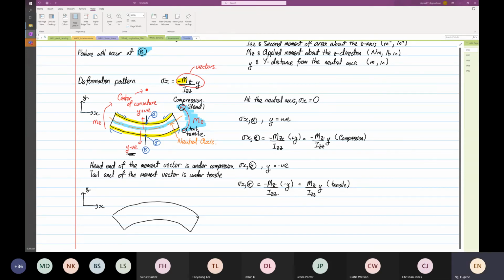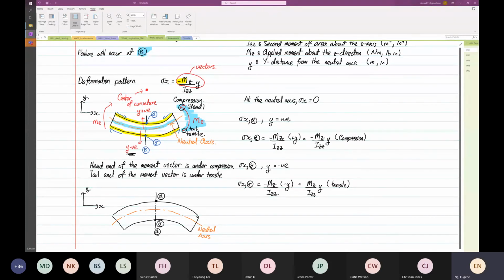Things are still the same, I'm going to label the same things. This is my point B. As usual, the top part is still my alpha, the bottom part is still my gamma, and at a certain distance, somewhere around here, this is my neutral axis.